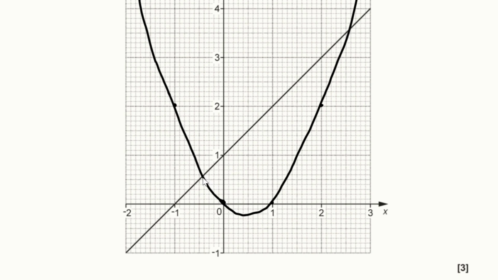One of the points is over here at minus 0.4, and the other point where they cross is over here at 2.6.